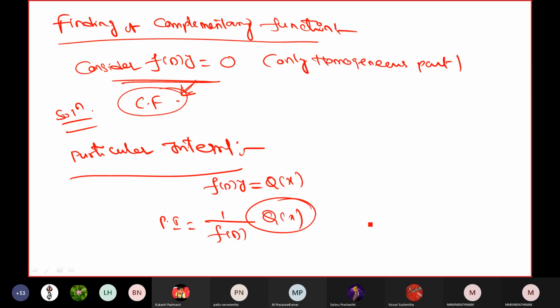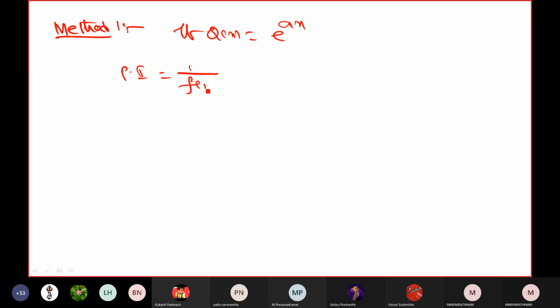For different kinds of functions Q(x), we'll write the particular integral. In method 1, if Q(x) is e^(ax), then the particular integral is 1/f(D) e^(ax).